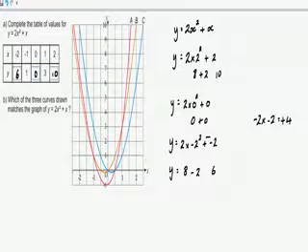So if x is 2 and y is 10, so x is 2 and y is 10, and we can see only B goes to that point. Okay, so we can see that B is our answer.